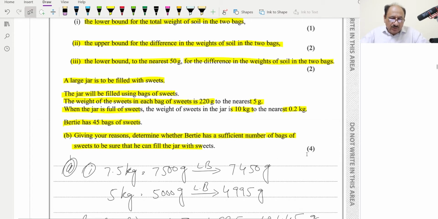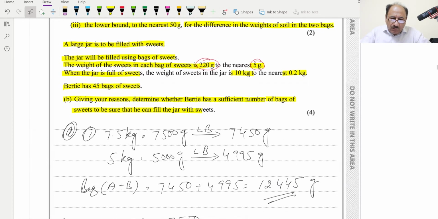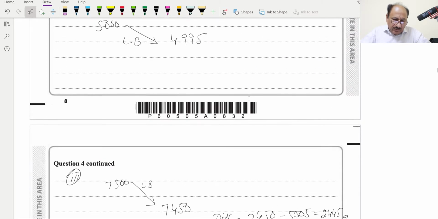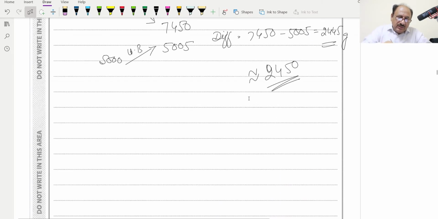So for this one, 220 grams to the nearest 5 gram. We will take the lower bound of the sweets, and we can solve part B over here.